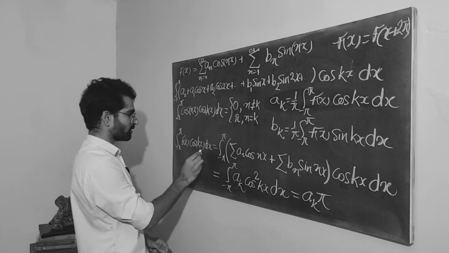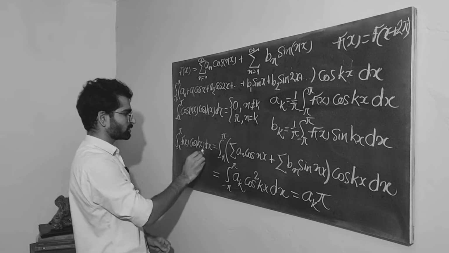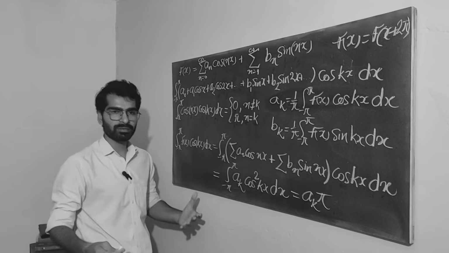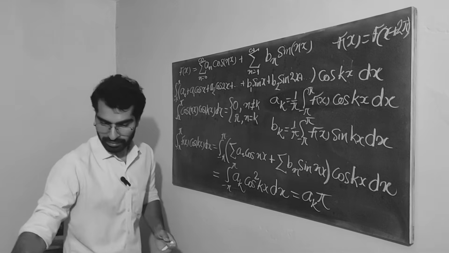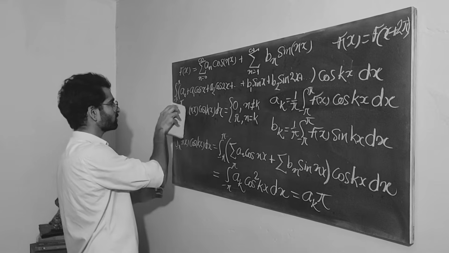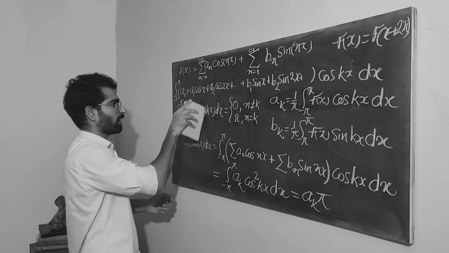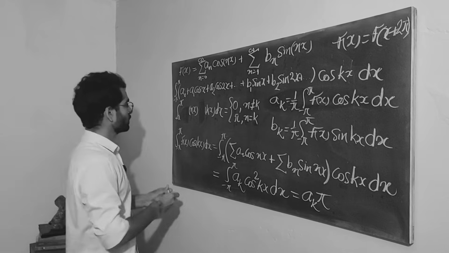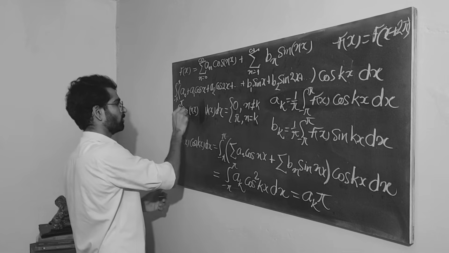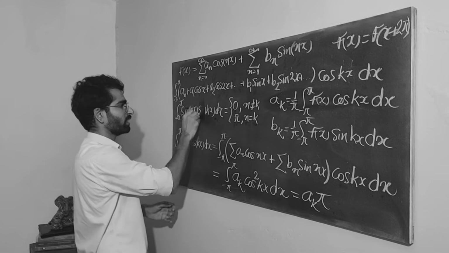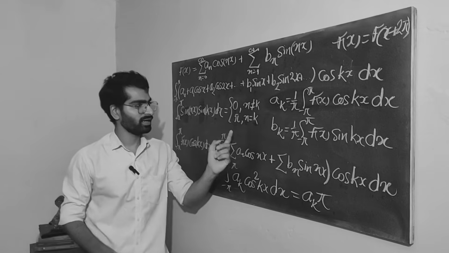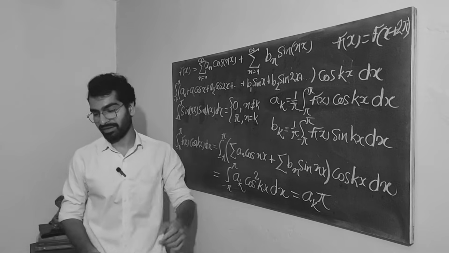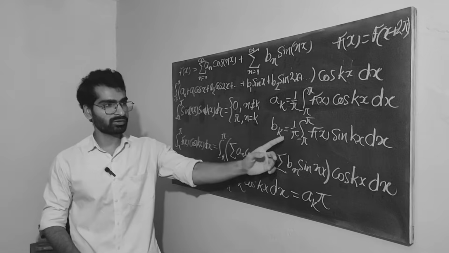Well, instead of multiplying with cosine of kx here, you multiply with sine of kx. And this holds for sine waves too. So if you have sine of nx times sine of kx, you get 0 when n is not k, and you get pi when n is k. So in the same way, you can also find bk.